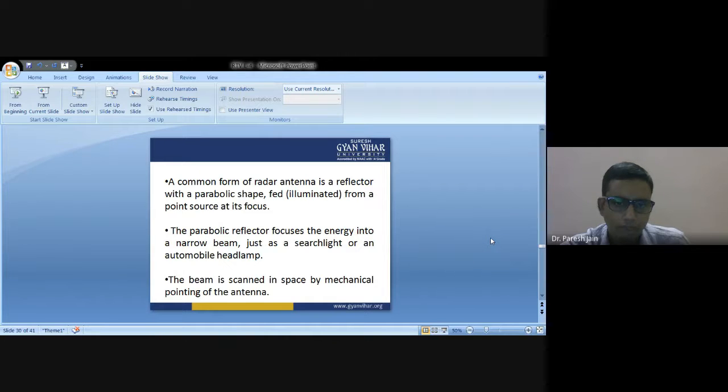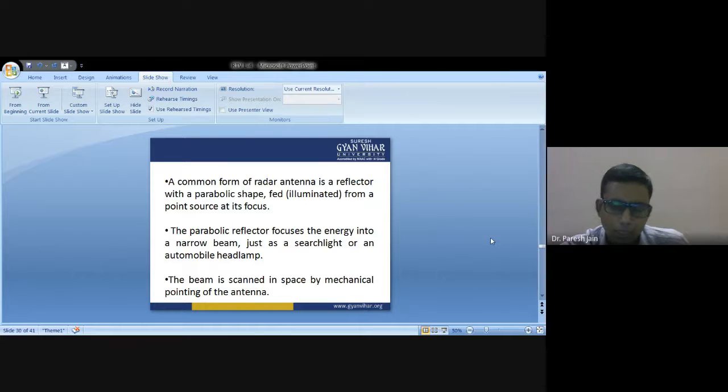The parabolic reflector focuses the energy into a narrow beam, just as a searchlight or an automobile headlamp. Means a parabolic antenna produces a beam that is known as a pointed or pencil beam, just like an automobile headlamp.